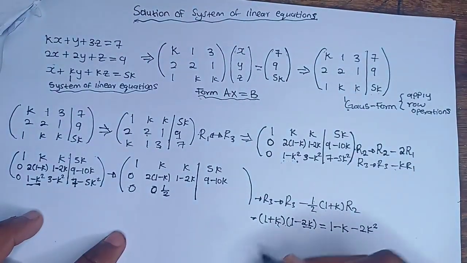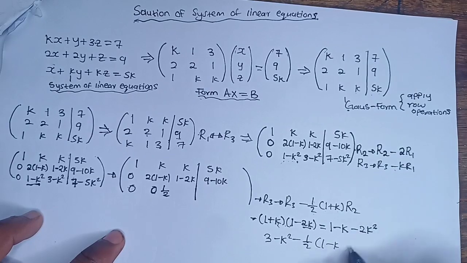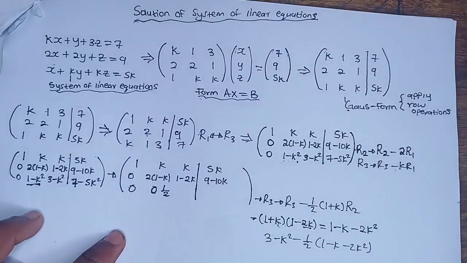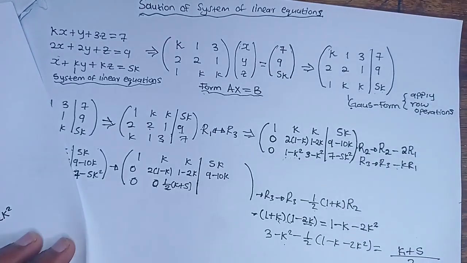So let's do it: 3 minus k squared minus 1 over 2 into 1 minus k minus 2k squared. And what do we get when we simplify this? I will result with k plus 5. Yeah, that's it for this part.